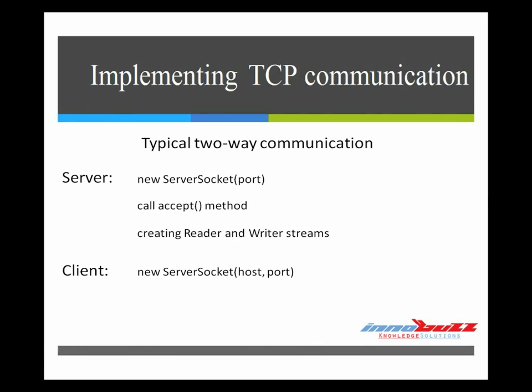We can set the port number and the proxy if we want to use proxy. The streams on the client side should be created by this socket getInputStream and the getOutputStream method. The communication works via streams that we have learned in the previous chapter, the reader and writer streams.